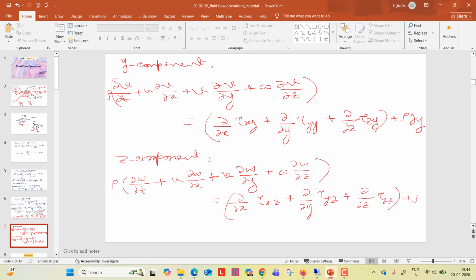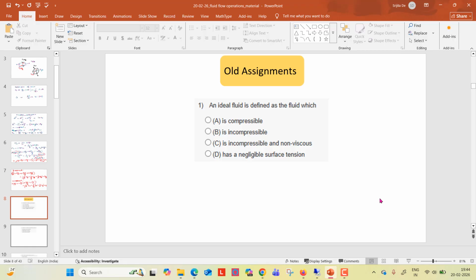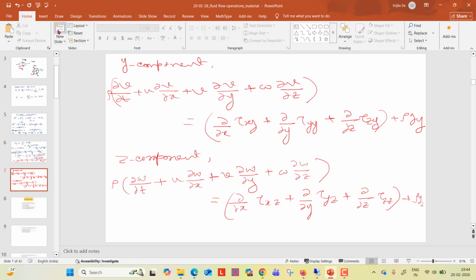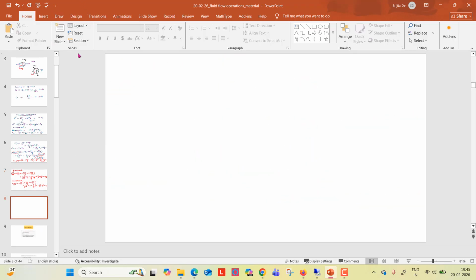Okay. So now if you combine all these terms, or if you want to write in vector form, what will happen? So we have written rho first, right?